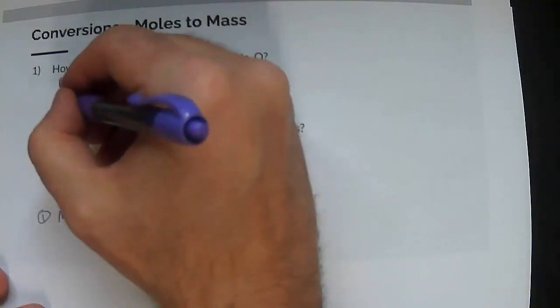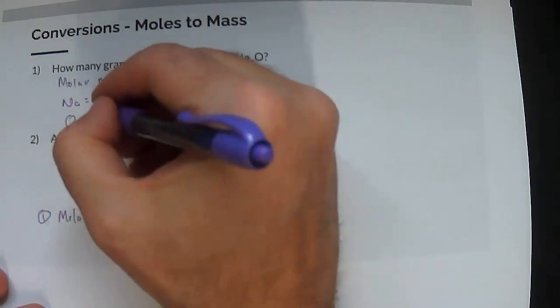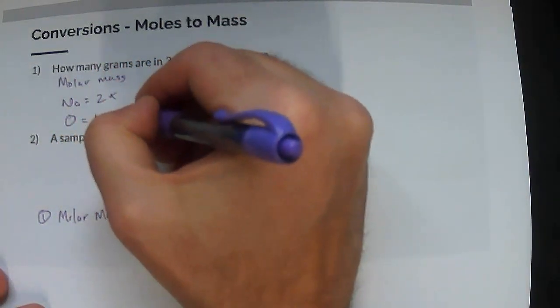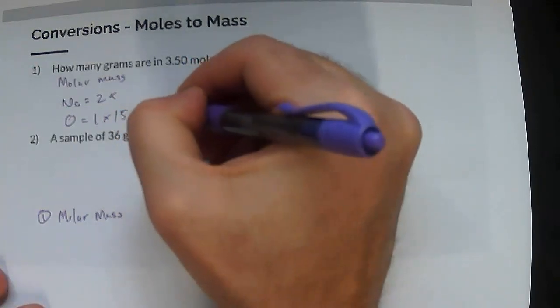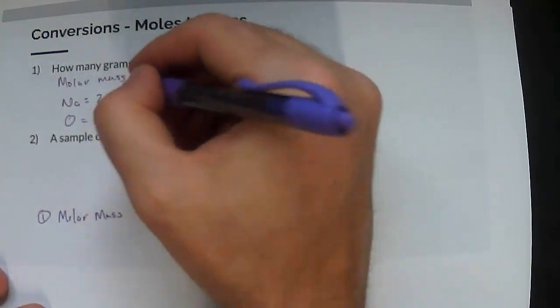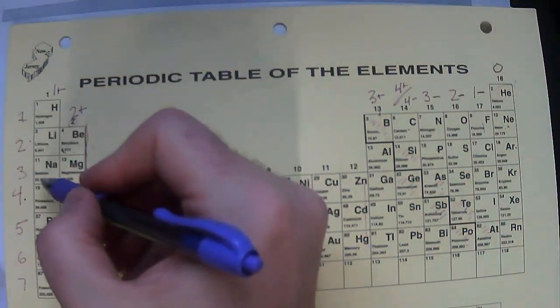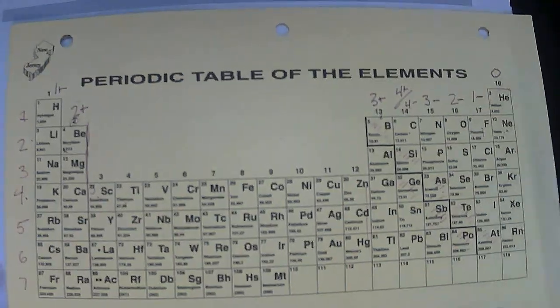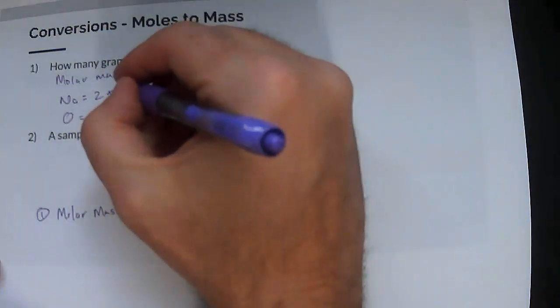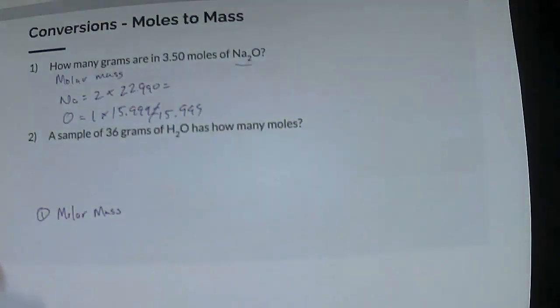and that's Na is 2 times something, and O is 1 times 15.999. Sodium is here, 22.990.